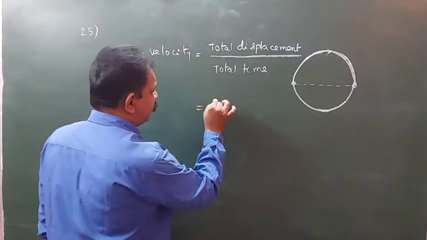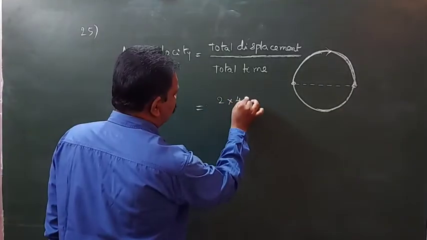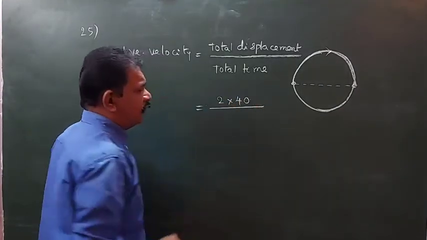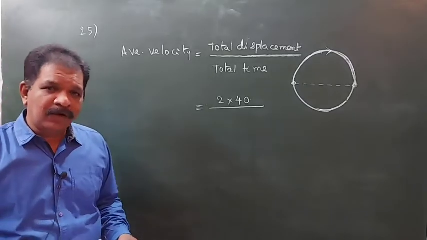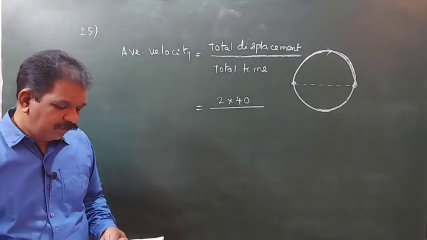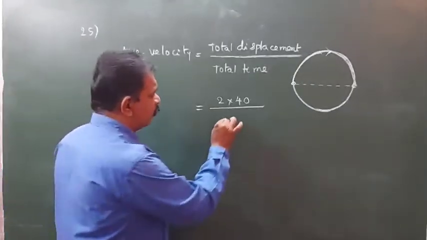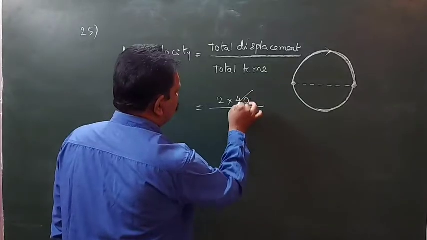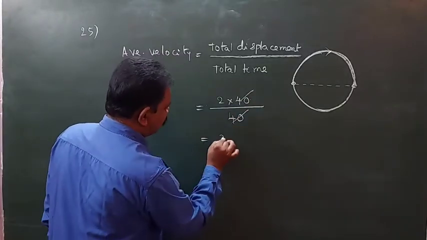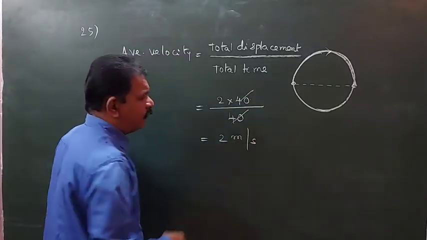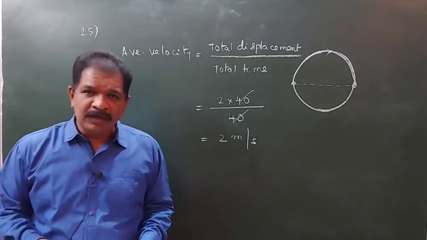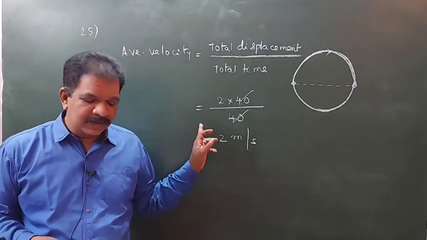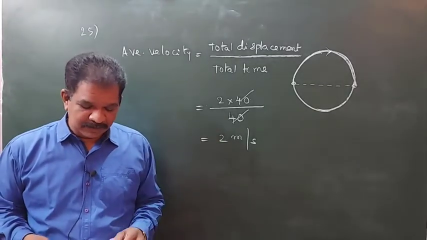So that value is equal to 2r, diameter, 2 into 40, by how much time he took? 40 seconds time he took. So 40, 40 will cancel. So this value will be 2 meter per second. That is the average velocity.